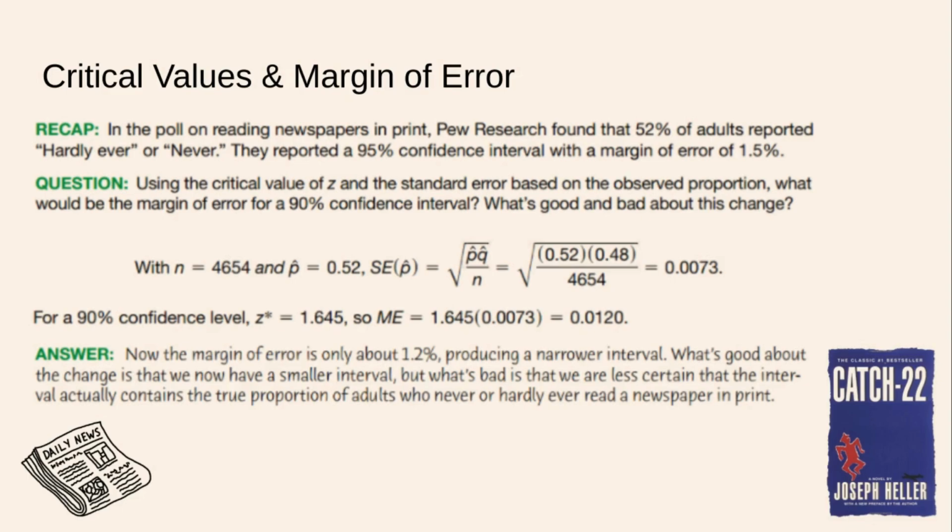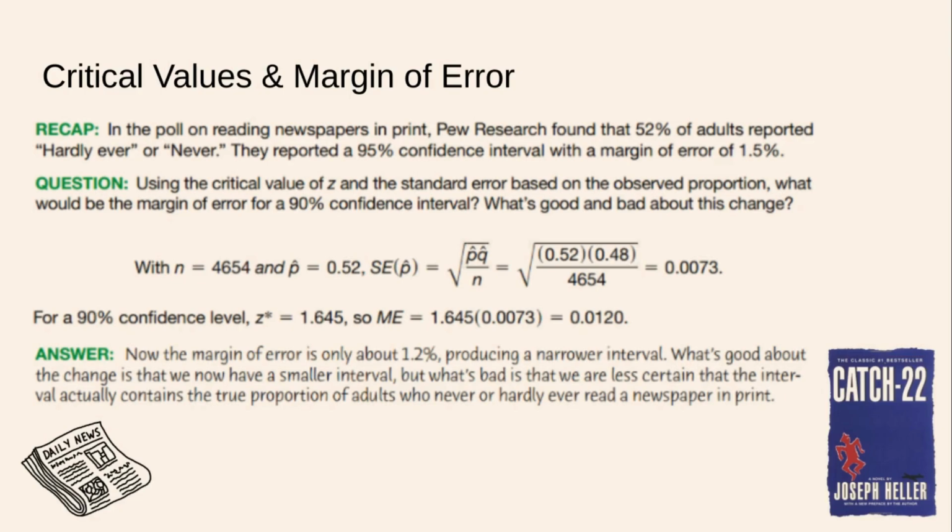Our level of confidence goes down from 95% to 90%, so we're a little less likely, by the tune of 5%, to get the true population proportion in our interval. However, our interval's a little smaller, it's a more precise guess.